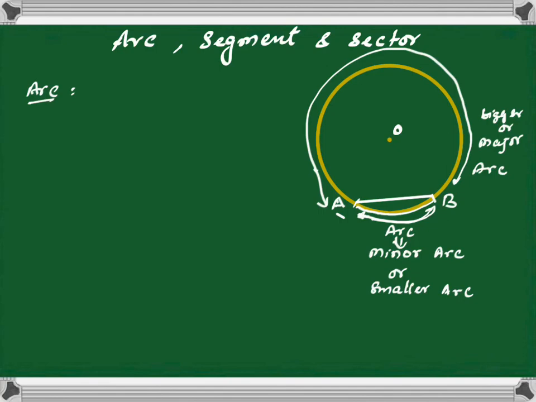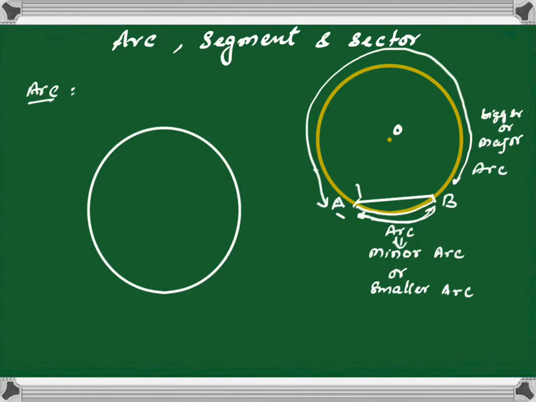So the circumference is divided into two parts. One becomes the minor arc and the other becomes the major arc.